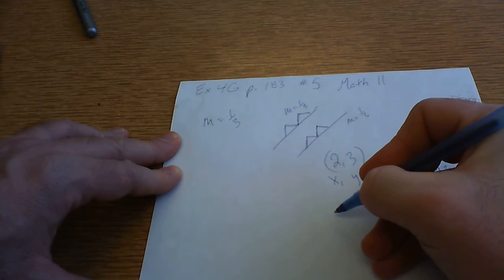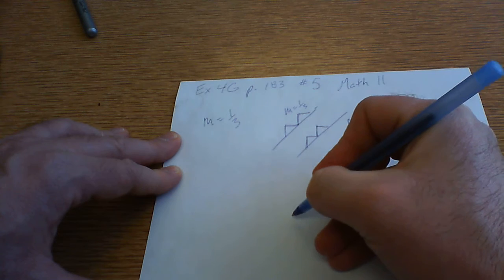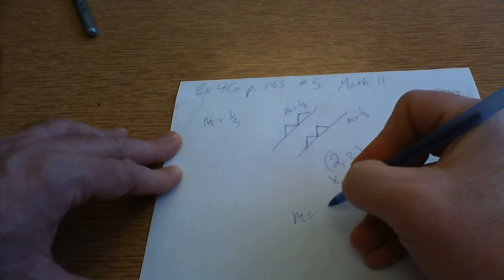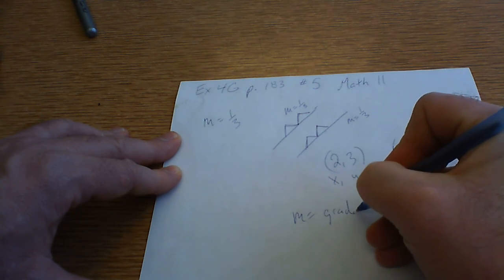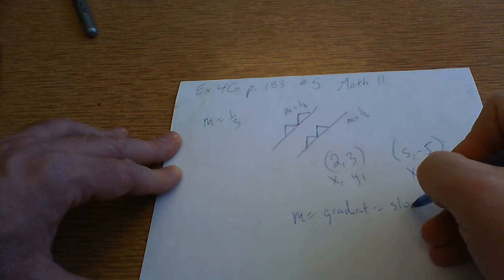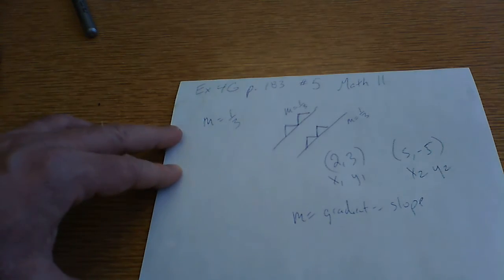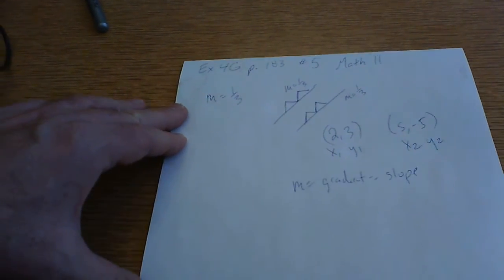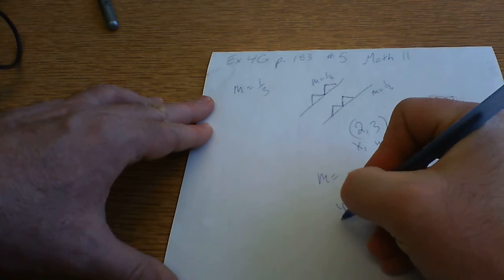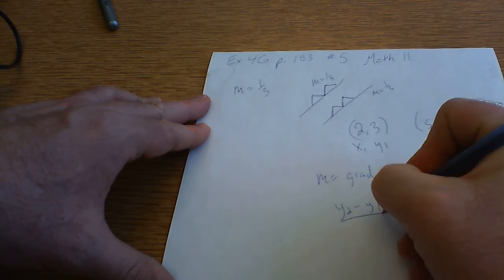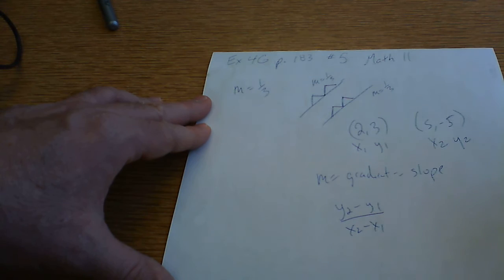So we know that gradient, that m, which is the same as gradient, which is the same as slope, is equal to what? Well, we know that it's equal to y2 minus y1 over x2 minus x1.